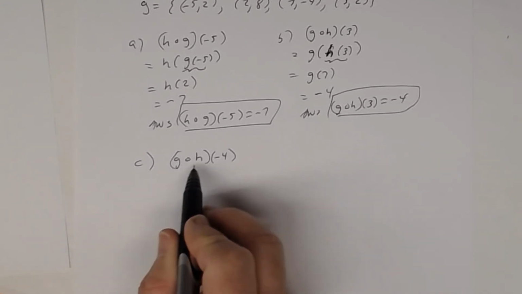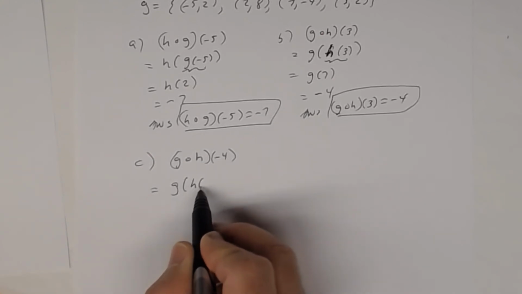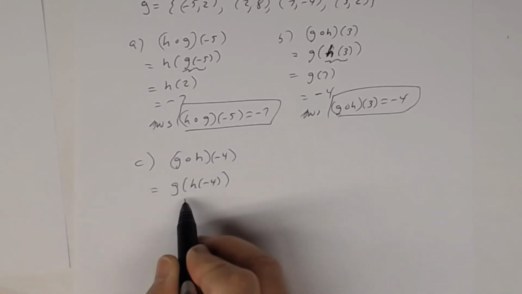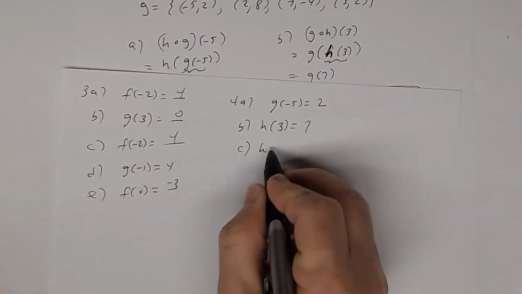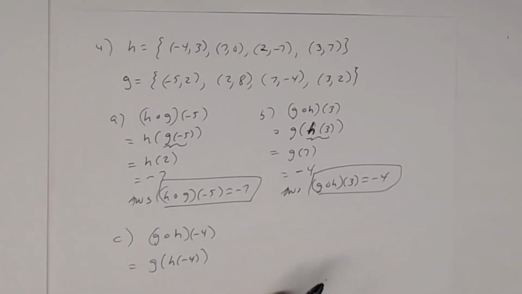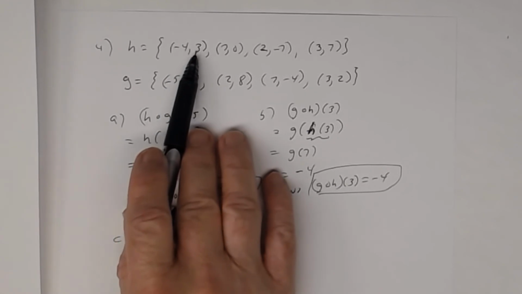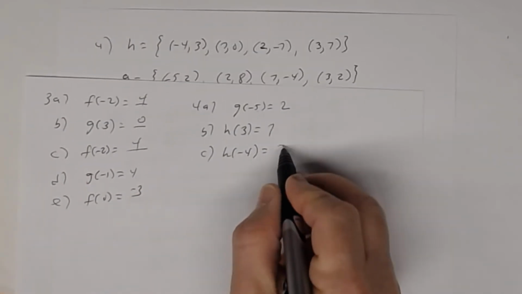Again, know the definition. By definition, this means g of h of negative 4. So let's find that innermost function value first. h of negative 4 means I go to my function h, and when x is negative 4, I find my y value. My y value is 3. So h of negative 4 is 3.